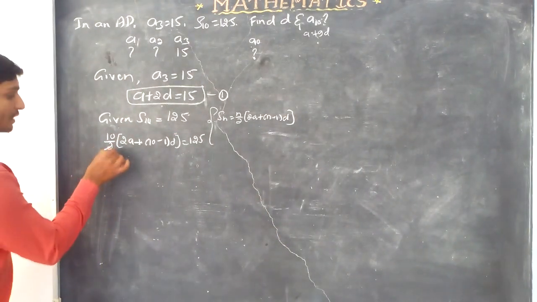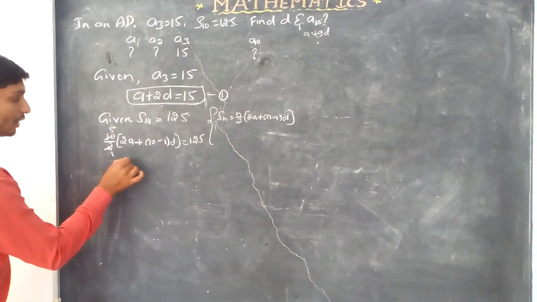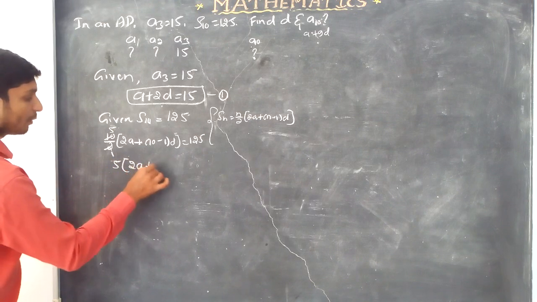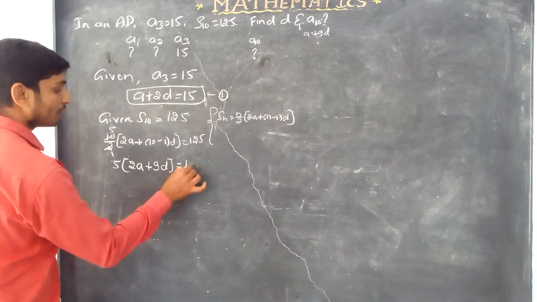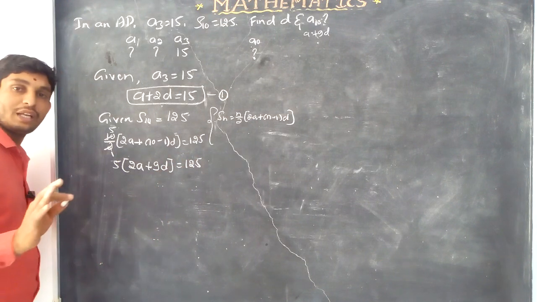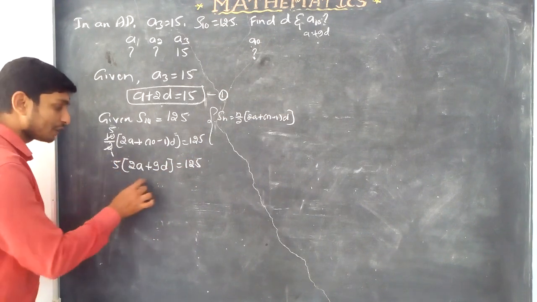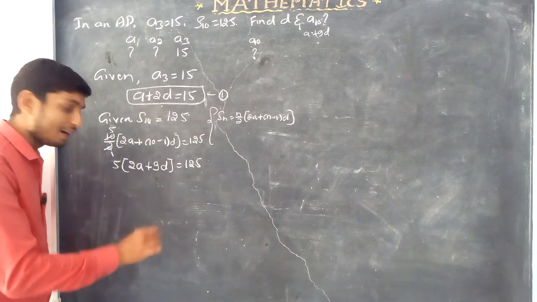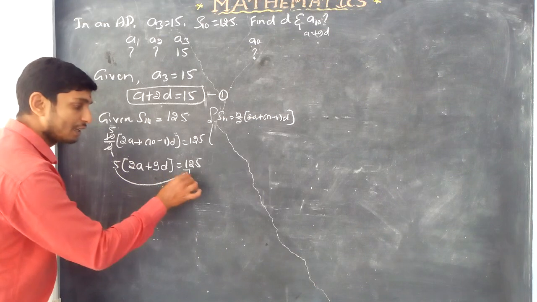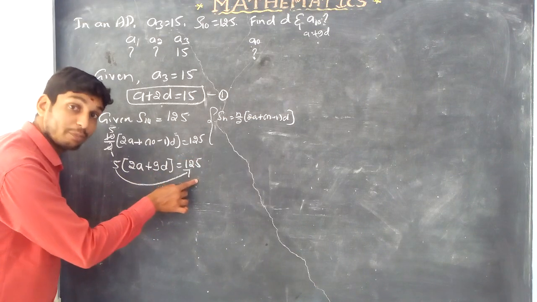Okay, 2 1s are 2, 2 5s are 10, so 5 into 2a plus 10 minus 1, that is 9d, equals 125. Now it's your wish: you can take the 5 inside, that means multiply the monomial with the binomial, or transfer this 5 to that side, because then it gets divided and simplifies.